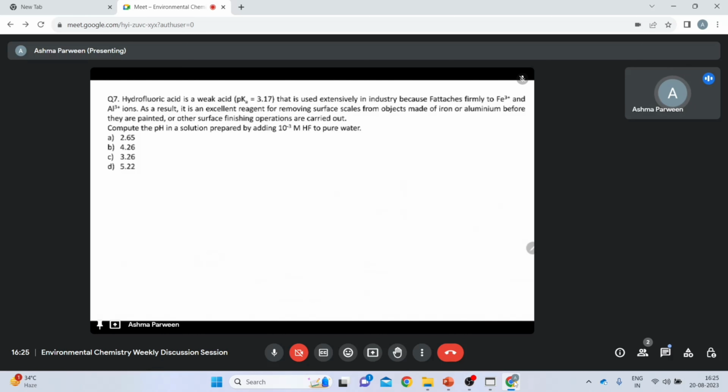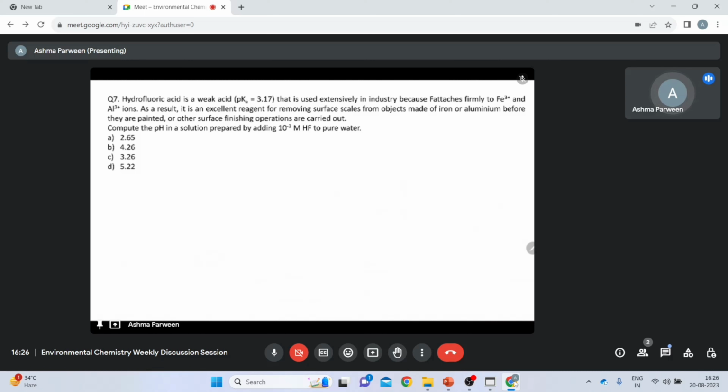As a result, it is an excellent reagent for removing surface scales from objects made of iron and aluminium before they are painted or other surface finishing operations are carried out. Compute the pH in a solution prepared by adding 10 raised per minus 3 molar of HF to pure water.